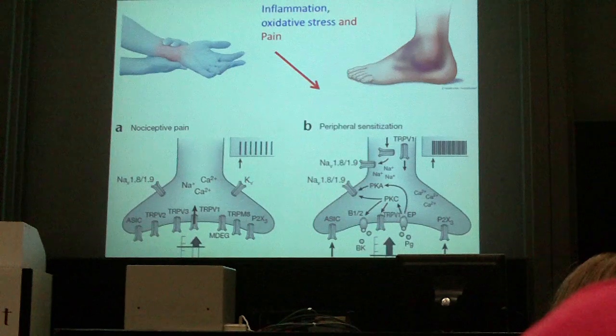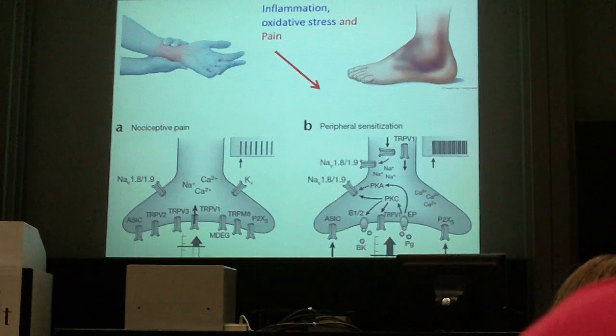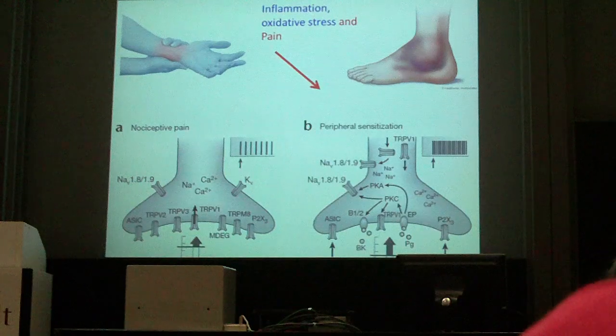What happens with pain? In the skin, you have nerve endings, blunt nerve endings with a lot of receptors. Here you see these transient receptor potential ion channels. You see a lot of them here, TRPV1, TRPV3, TRPV2, and TRPA1.